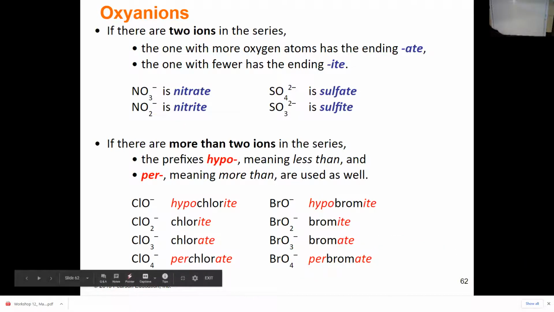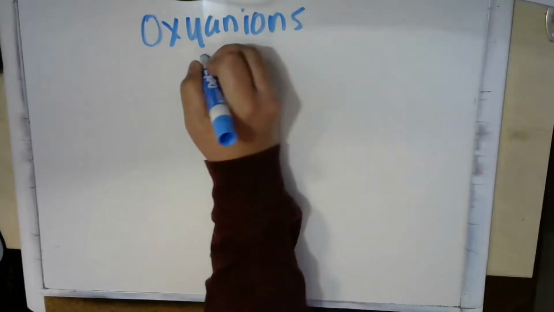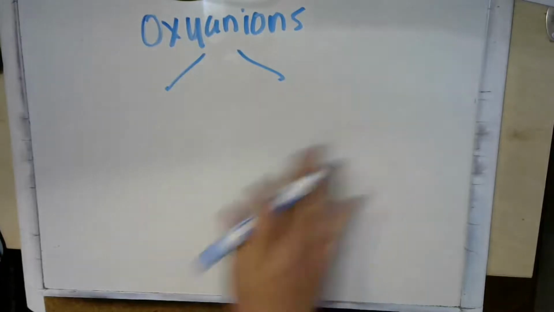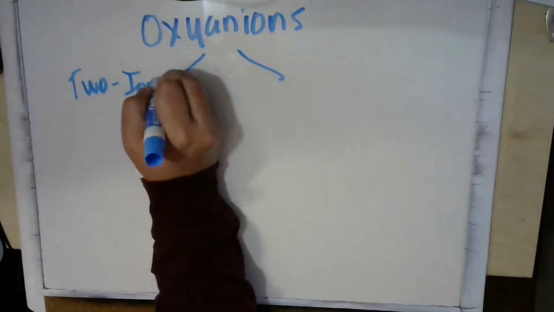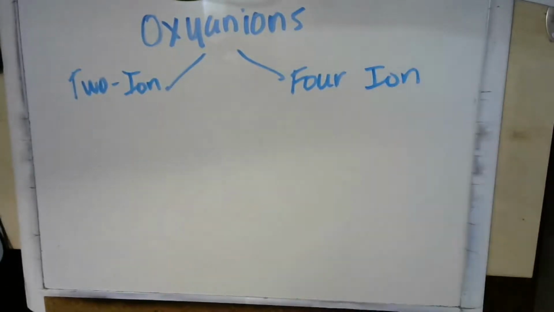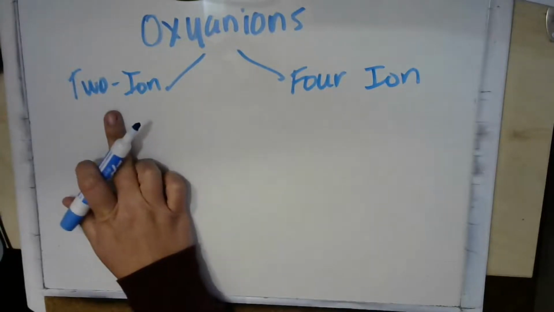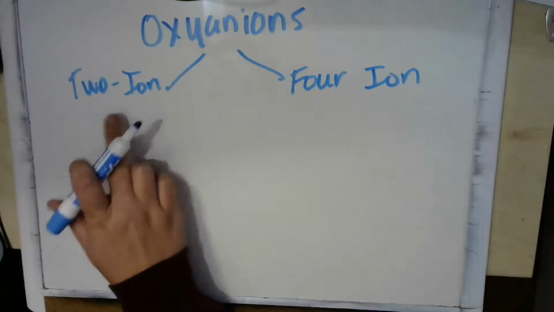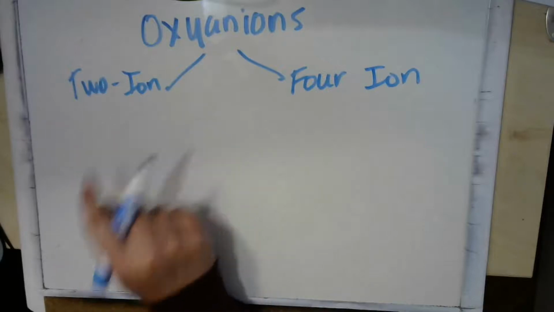Just go off of my whiteboard for a minute. So you have your oxyanions, and you have 2 types of series of oxyanions. You have these 2 ion series, or you have 4 ion series. Okay, and you're going to notice that in the 2 ion series, the only difference between the components is the addition or removal of 1 oxygen.